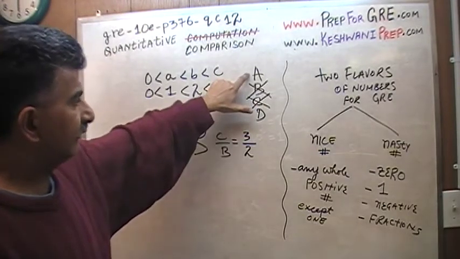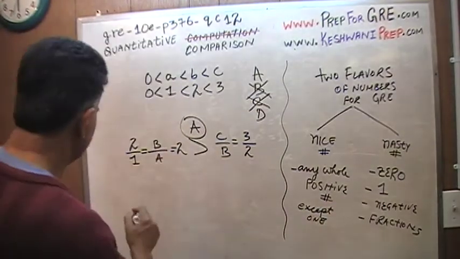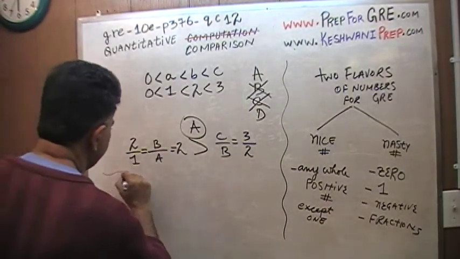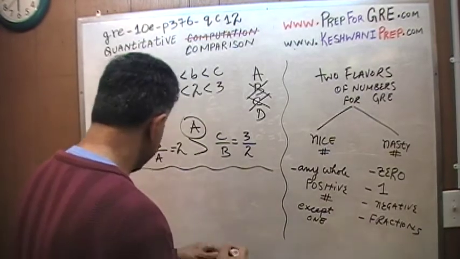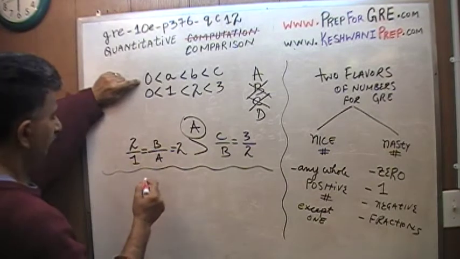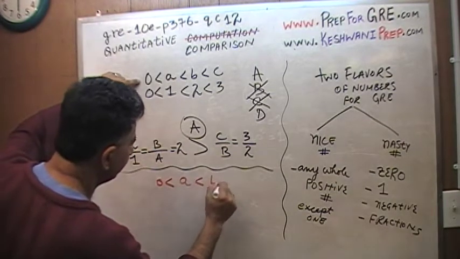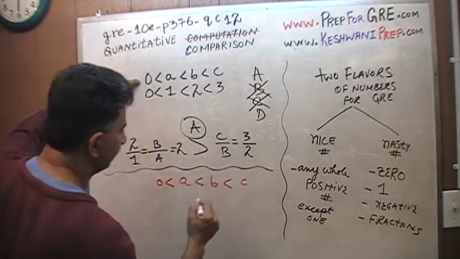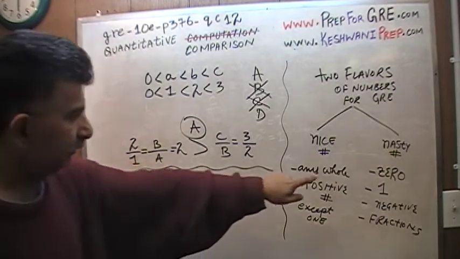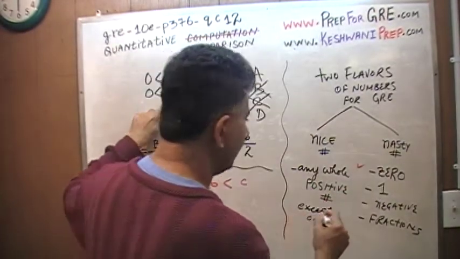To figure out whether it's A or D, we have to try the nastier scenarios. Let me change the color. Again, same thing: 0 is less than A, which is less than B, which is less than C. We have already tried 0 and 1.